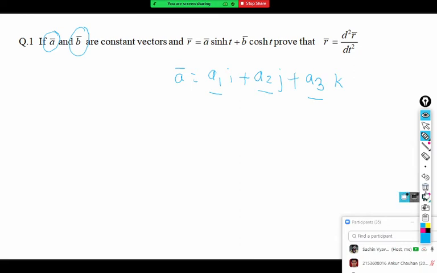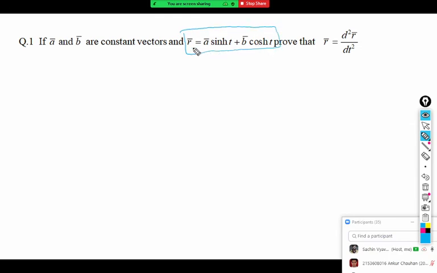Whenever we are given a position vector, it can be given in this form, or the same R bar can be simplified, where A bar may become some constant K1 sinh t i cap plus K2 cosh t j cap.